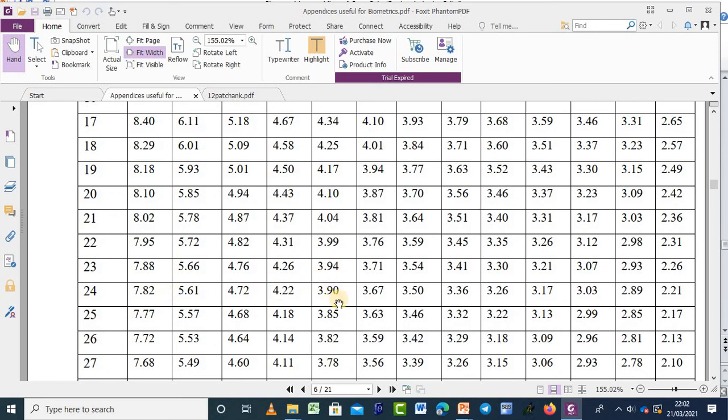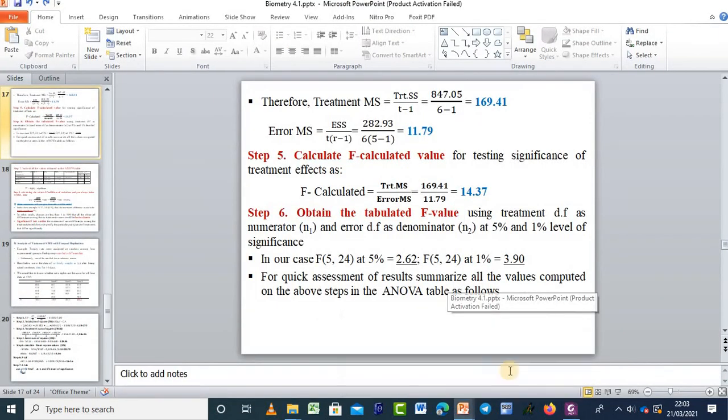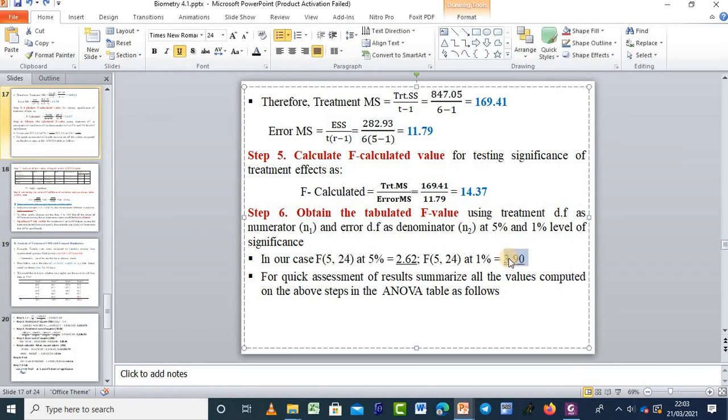So by using a similar fashion, we can obtain the values at different levels of significance in the F distribution table. So this is the procedure for getting these values. For quick assessment of the results, we summarize all the values computed in the above steps and submit them in the ANOVA table.